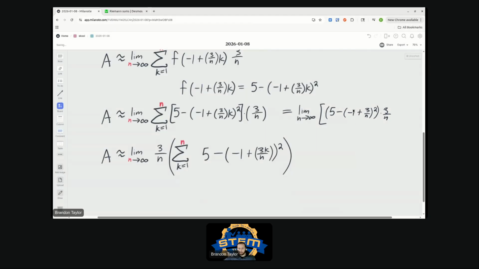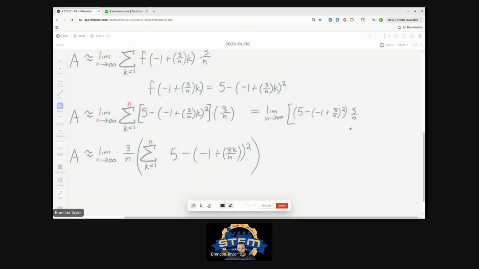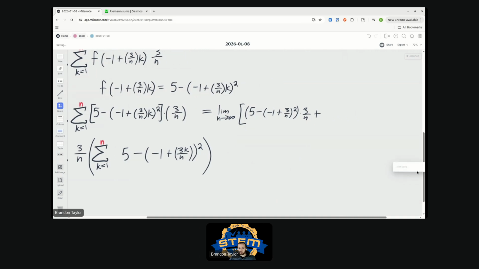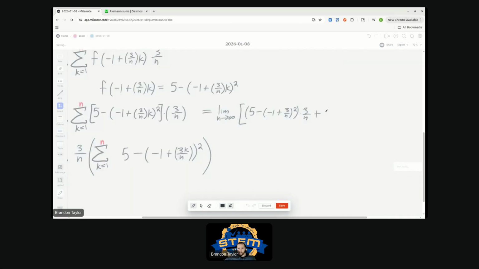And then what would the second term be? Now everything is exactly the same, except k is equal to 2. So plus 5 minus (-1 plus, it won't be 3 over n anymore, it'll be 3 times 2 over n).